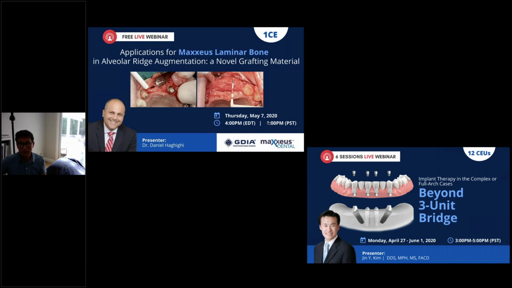Otherwise, if the overall patient has a problem with the posterior, you have options like Dr. Kim's full arch immediate, all on 6, or all on 4. Those are options. Because sometimes with sinus augmentation, or vertical augmentation of the posterior mandible, you've got the alveolar nerve, right?